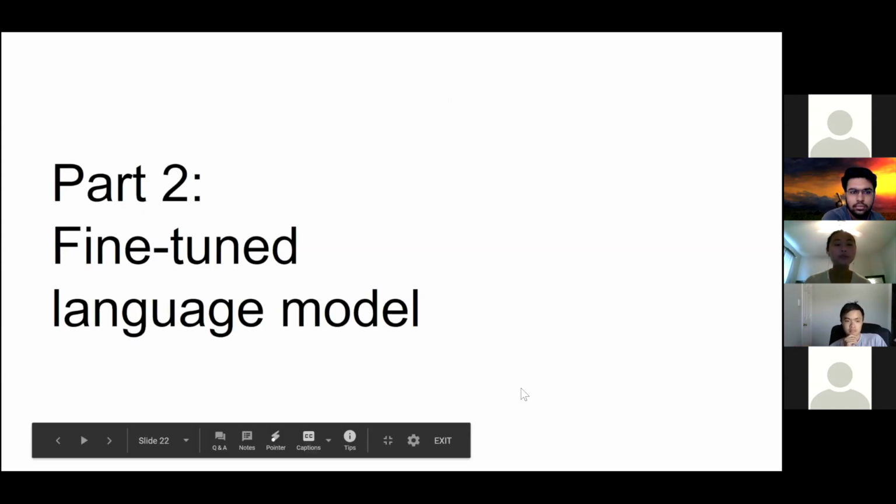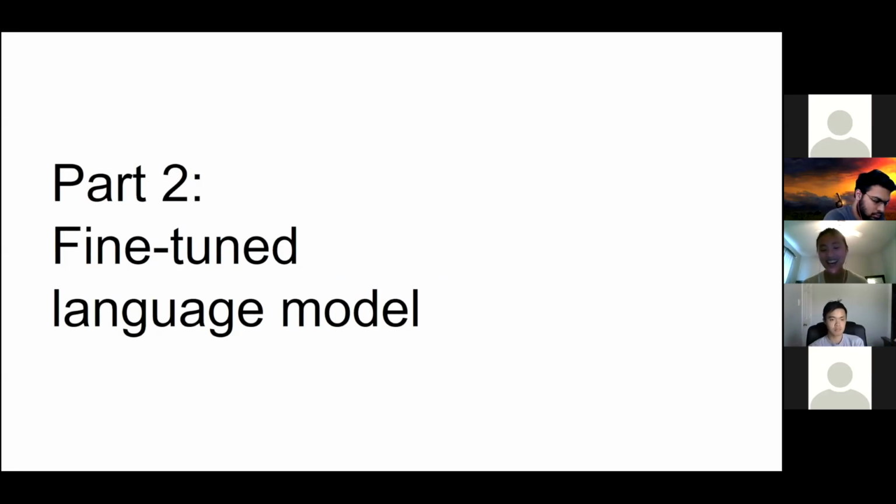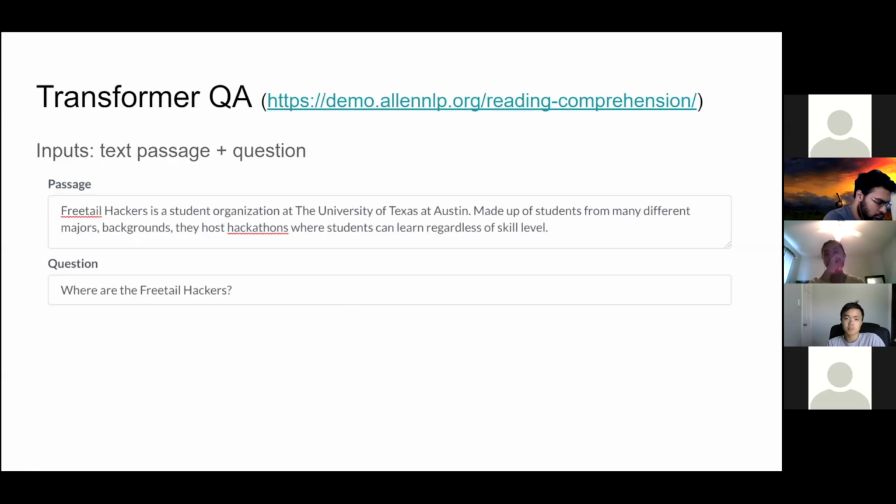Okay, so now that we've gone through this whole thought exercise of how we might approach building a QA system, now we're going to look at what state-of-the-art fine-tuned language models can actually accomplish. So this is a demo of a model called Transformer QA from the AllenNLP website. You can go here if you wish.